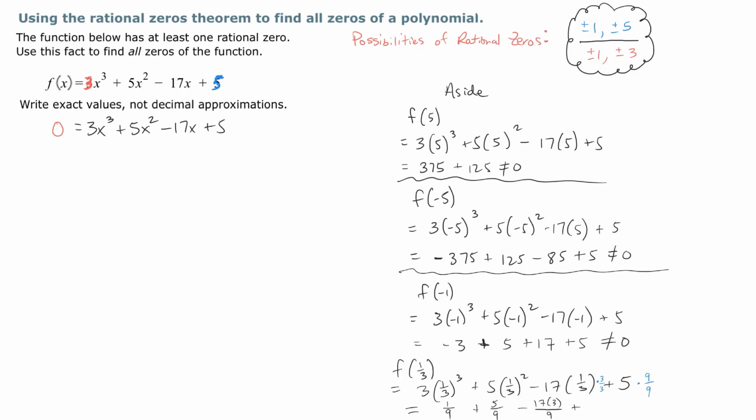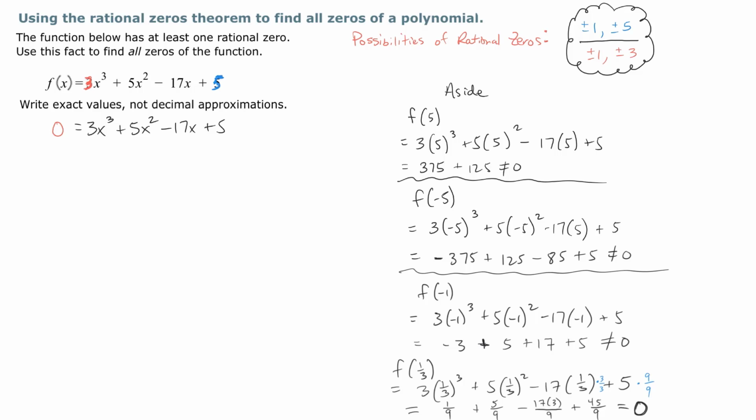And then finally plus 45 over 9. 17 times 3 is negative 51. This is going to work. So we have 6/9 plus 45/9 is 51/9 minus 51/9. That is equal to 0.